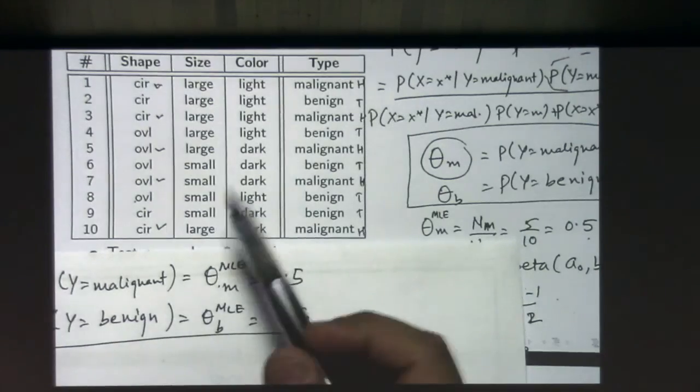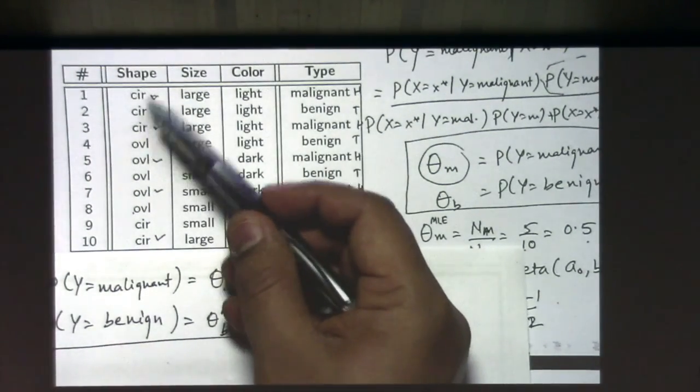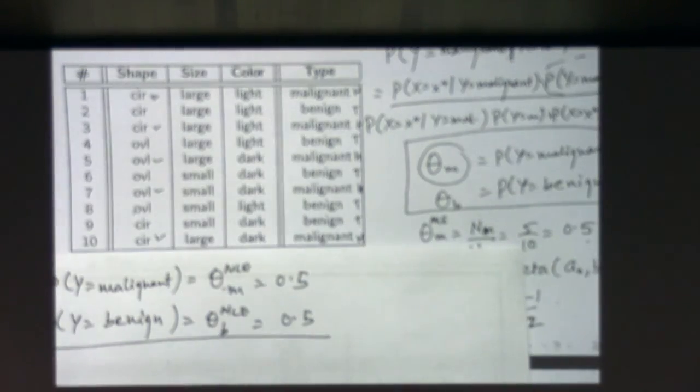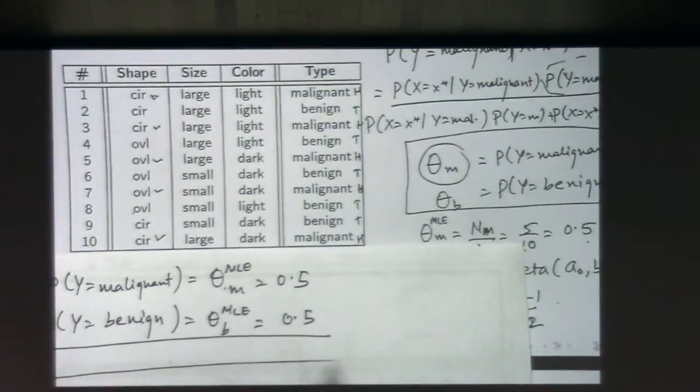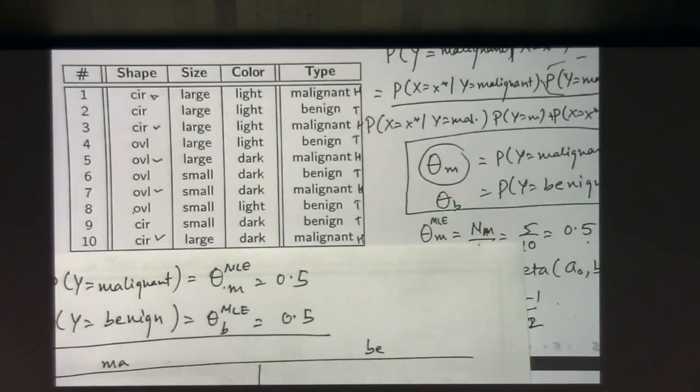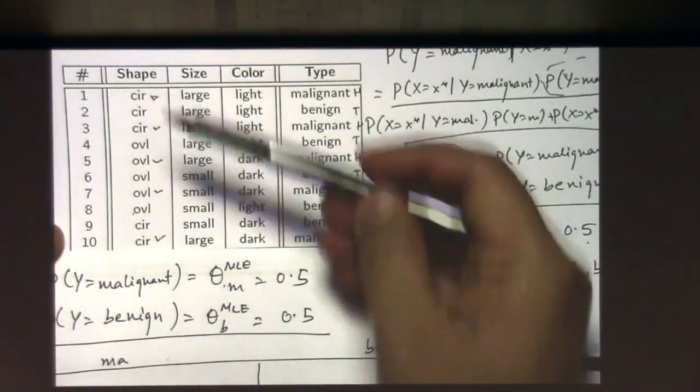Now we will do each of these possibilities, each of these attributes per class, right? So let's do it in two parts. This one is for malignant and this one is benign. So we'll first say, what is the probability of x1 to be circular given y is malignant, right? And that one is computed by just counting.